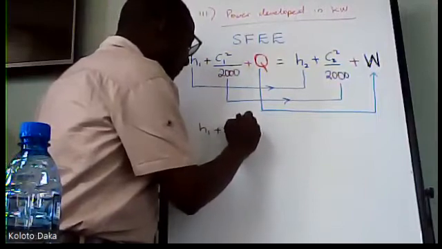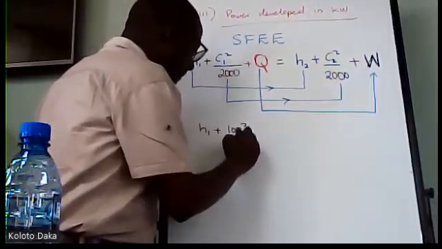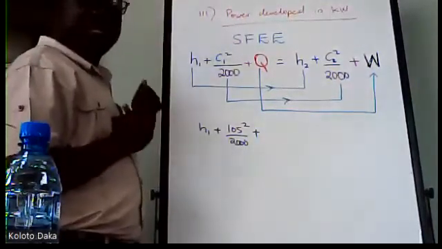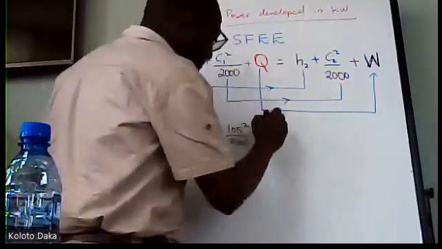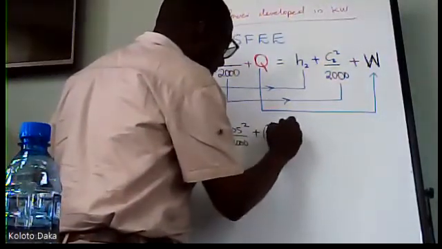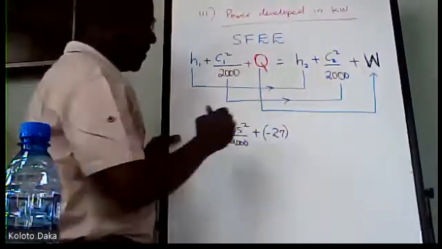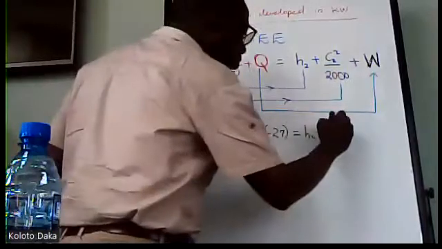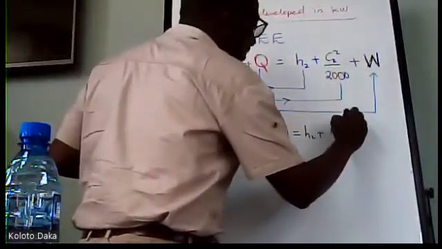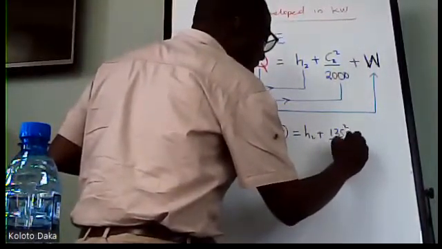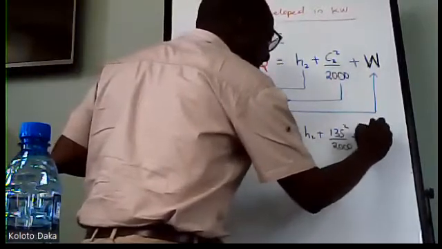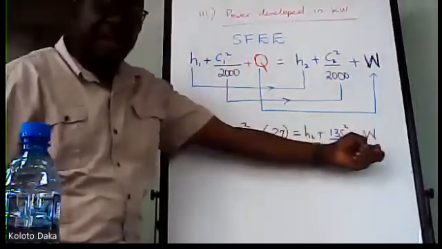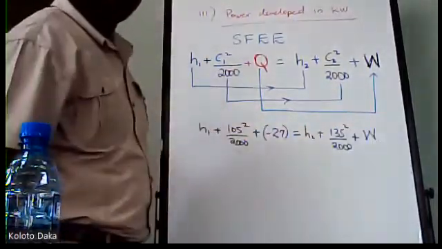C1 was 105, so 105 squared over 2000, plus Q. Q was rejected, so it's negative 27, equal to H2 plus C2, 155 squared over 2000, plus work. And this is what we want. When we find the work, then we can find the power.